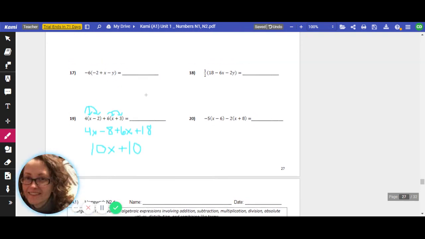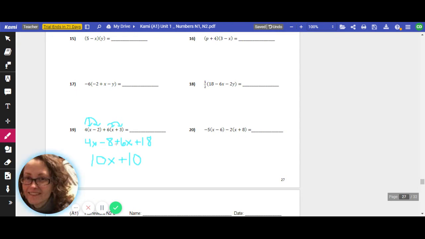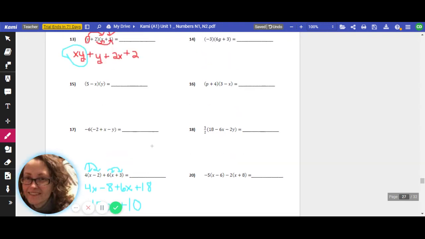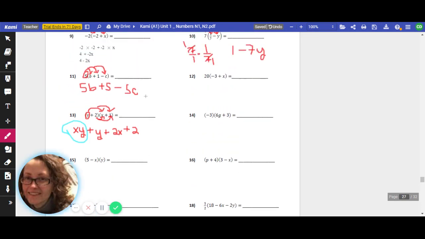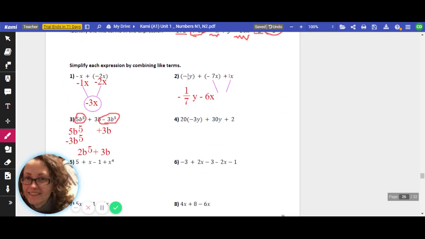Now, if at any point you would like to use your plus and minus tiles to do any of these combinations of -8 and positive 18, or what was the one that we were working on before? The -1 and the -2, -7 and positive 1. If you're adding or subtracting and you would like to use those plus and minus tiles, please go ahead and do so.